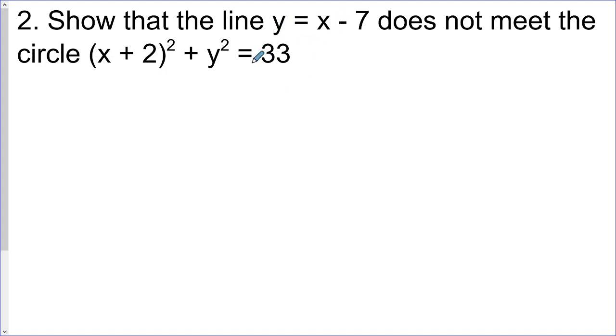We're still going to have to substitute it in to get a single quadratic equation, but then we want to show that there are no solutions to that, i.e. there are no roots to that quadratic. So remember, if you were talking about roots and the number of roots an equation has, we should be using the discriminant to show whether you've got 2, 1 or 0. So we start with the substitution again.